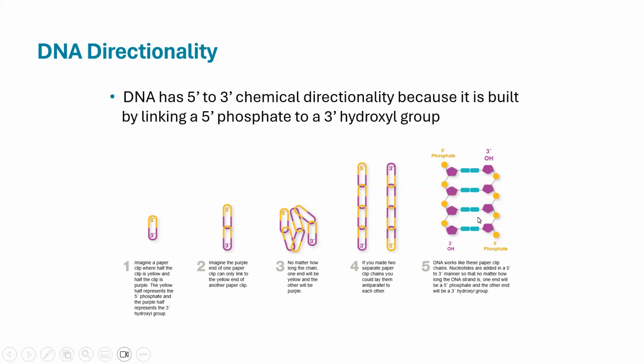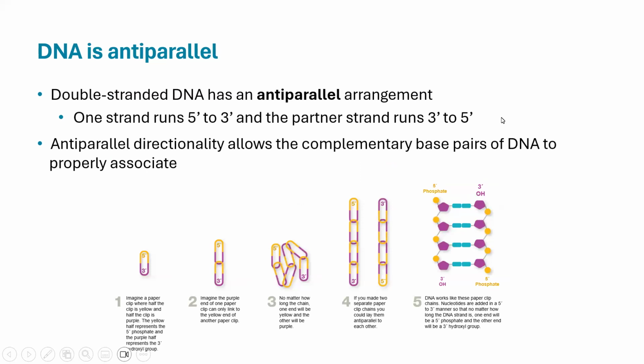So they're parallel in the sense that they are going side by side, but they're anti-parallel because that directionality is different. So 5 to 3 from top to bottom, 5 to 3 from bottom to top. And that anti-parallel structure is what allows for these nucleic acid bases, these nitrogenous bases, to actually bind together properly.